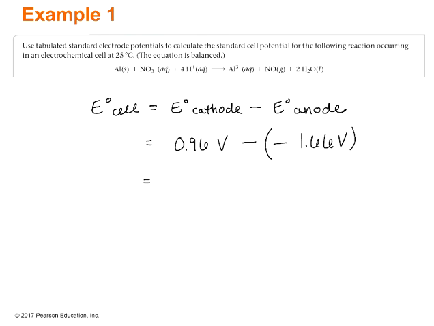That will give us 2.62 volts. So, extra question, is this a spontaneous reaction or a non-spontaneous reaction? E cell is positive, so that means it's spontaneous.